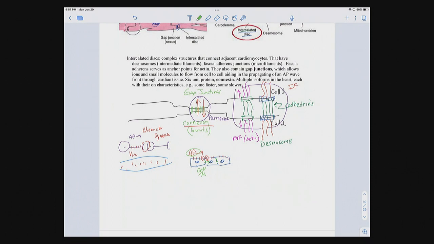So you're actually hopping action potentials from cell to cell, but you see the critical role that the gap junctions play to be able to communicate from cell to cell.